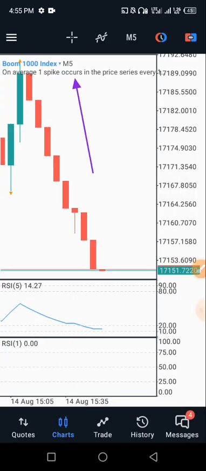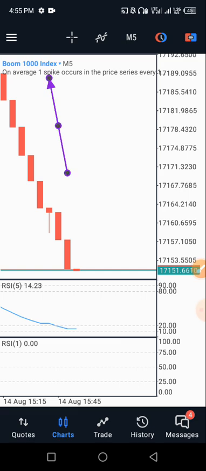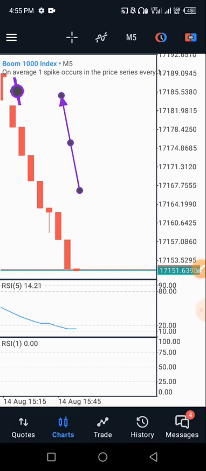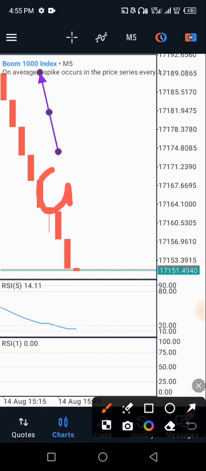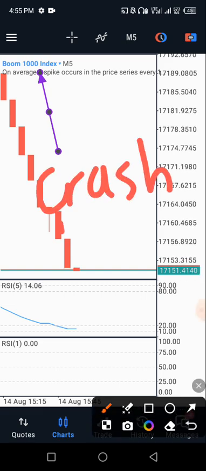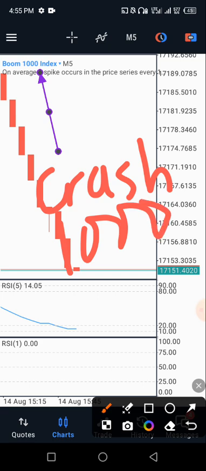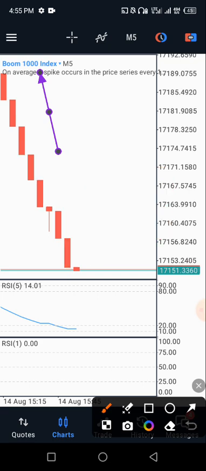So make sure immediately you have your 10 candles, you want to take your profit for boom 1000 because the market is highly volatile. But for crash 1000, you can decide to hold because it's not as volatile as the boom 1000.